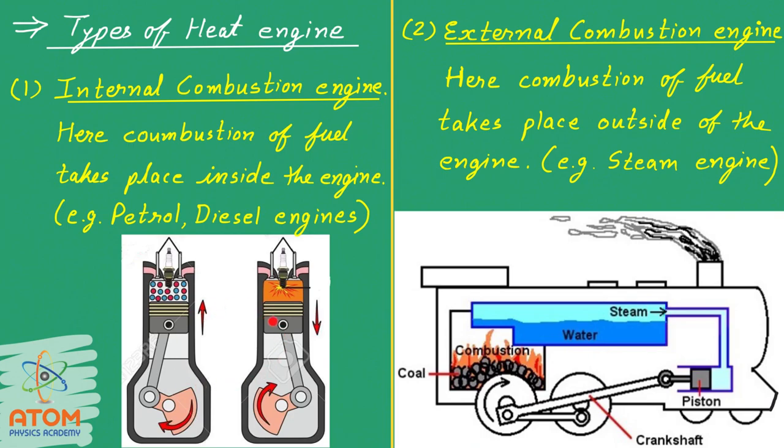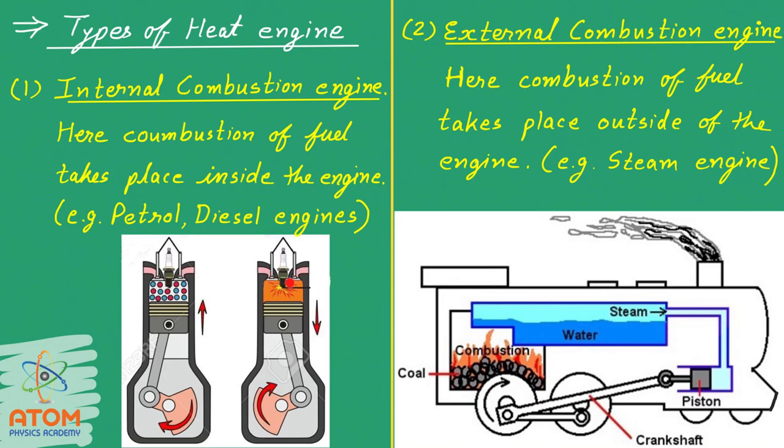See this figure here. In the first figure you can see that the piston is moving upside. So it is compressing a mixture of vapor of petrol or diesel and air inside this cavity. When this piston reaches the top point, the spark plug produces a spark which explodes the mixture of petrol and air.